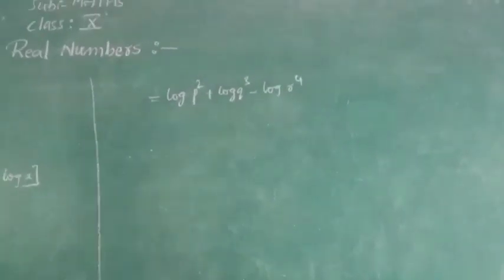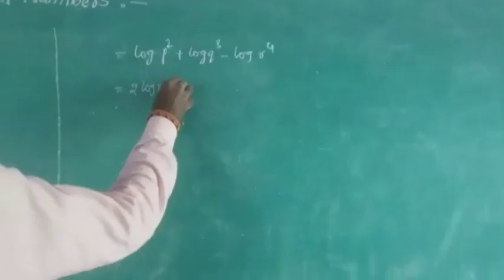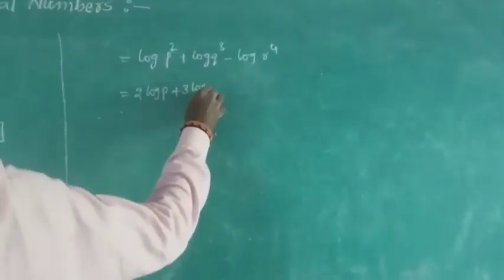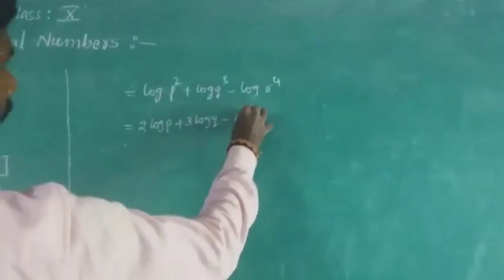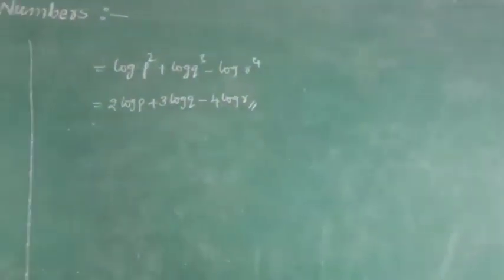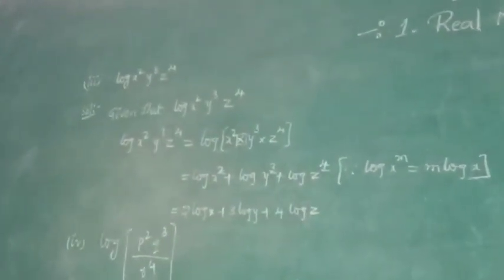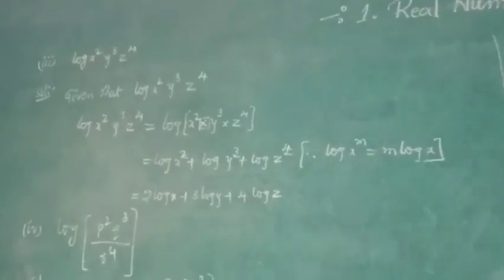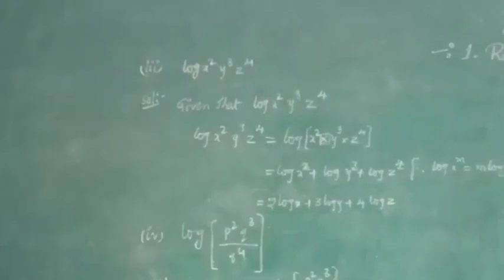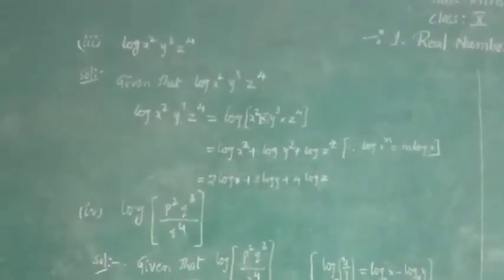I told you the power rule, which means 2 log p plus 3 log q minus 4 log r. So this will be the expanded form. Once you concentrate on it, I would like to explain the fifth one also. Don't worry about it. These are the expanded forms.